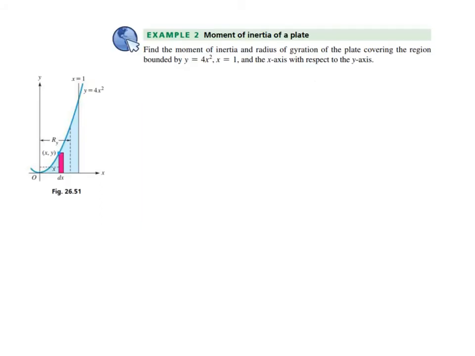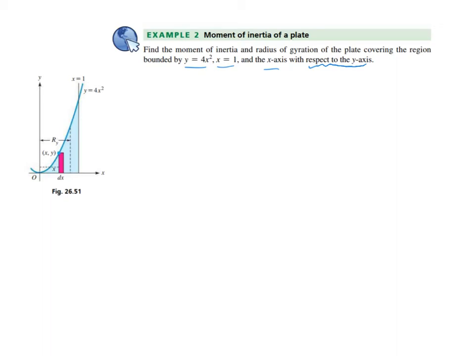All right, let's take a look at this example. We have to find a moment of inertia and a radius of gyration, two things that we've been talking about here, for a plate covering the region bounded by this parabola, y equals 4x squared, x equals 1, and the x-axis, and here's the important part, tells me which formula to use, with respect to the y-axis.